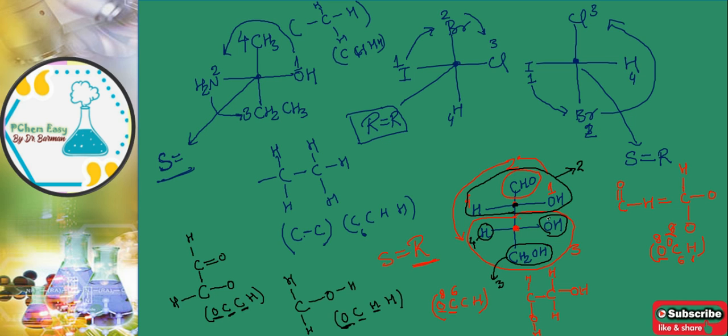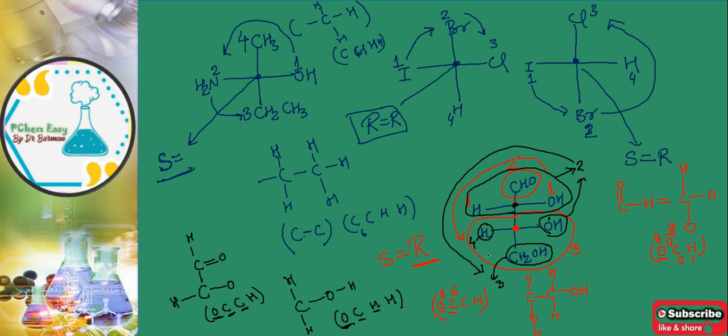So now this was 1, 2, 3. It is like 1 to 2, 2 to 3. And for the fourth group, we have to see where it is. It must be in vertical, but it is in a horizontal line.